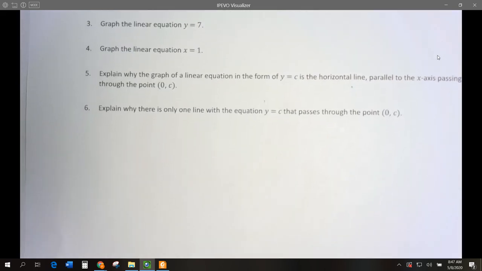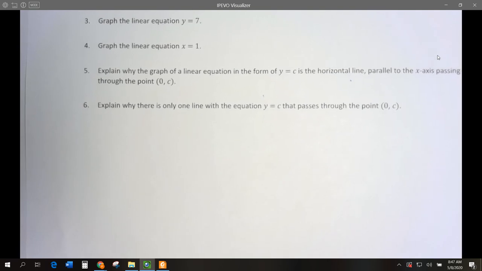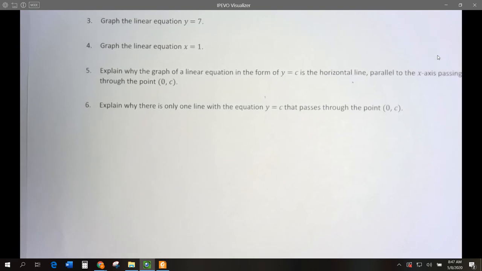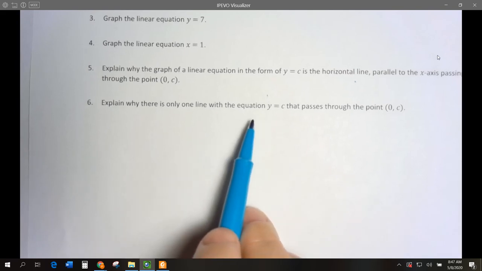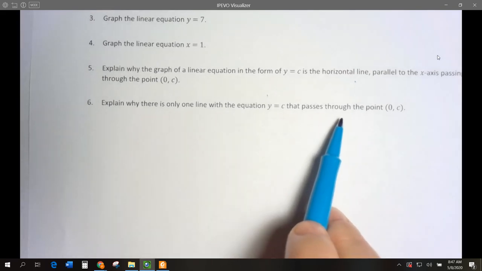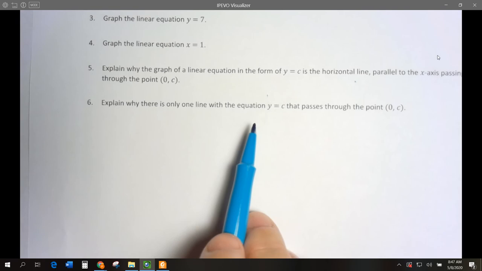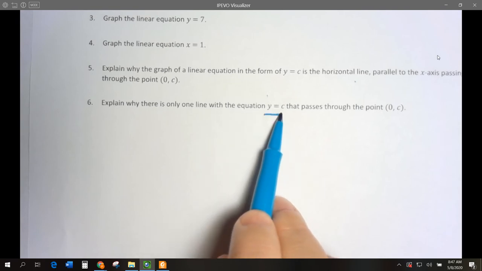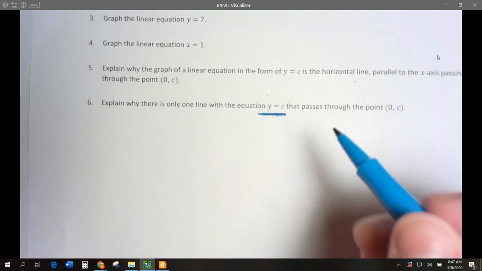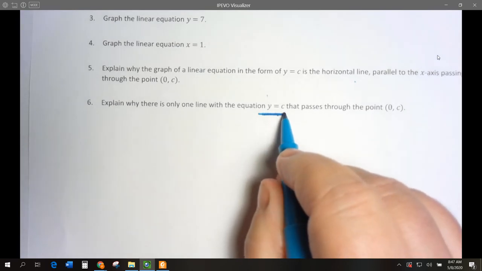And for number 6, explain why there's only one line with the equation y equals c passing through 0, c. Because no matter what you pick x to be, y will always be c.